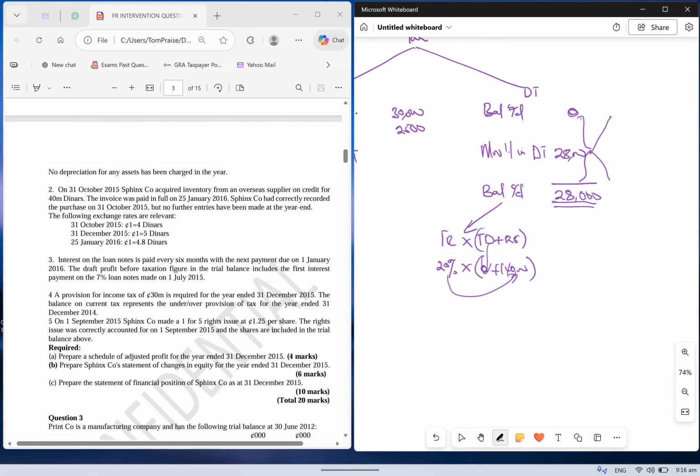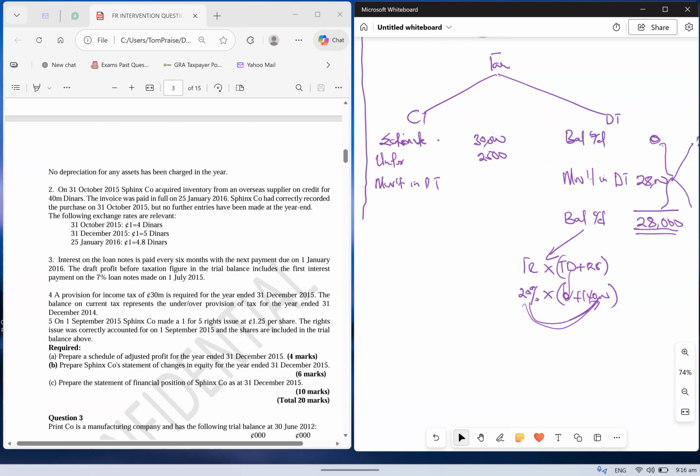We said it is the tax rate multiplied by the revaluation surplus, and that is exactly what it is here. So all the 28,000 will go to the OCI and nothing will go to the SPL. So our tax is done. The total of the tax here will go to our SPL. What is the total? That is 3,500.